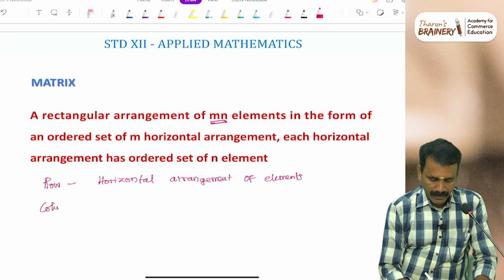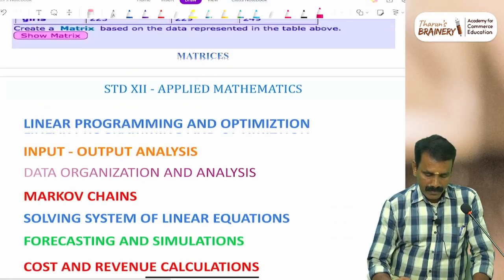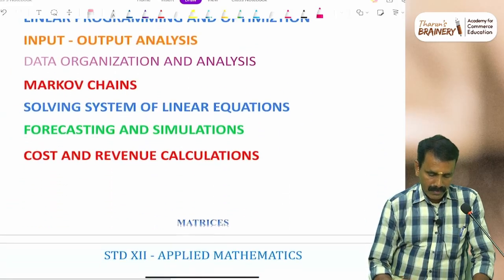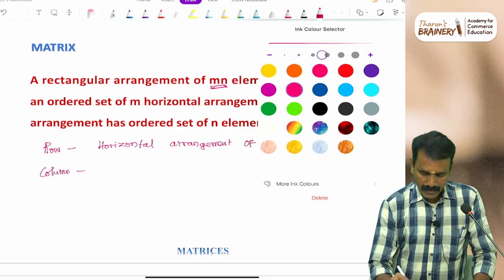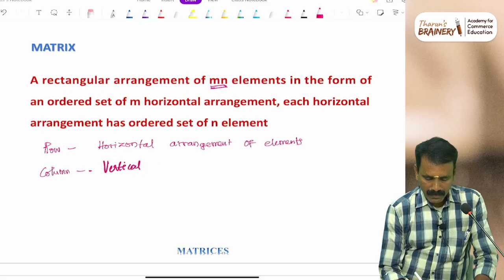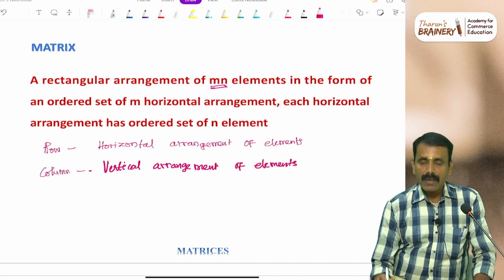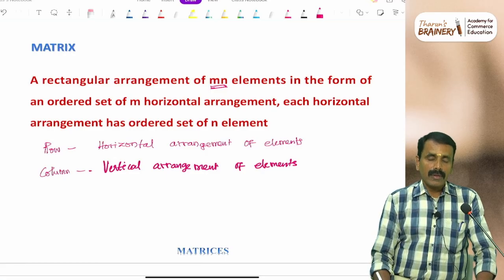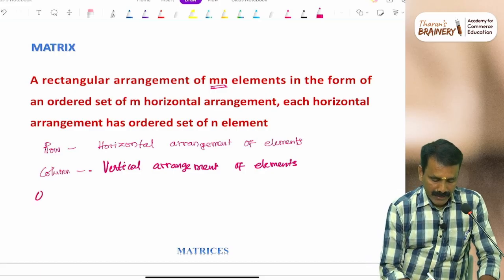A column is nothing but a vertical arrangement of elements, called a column.